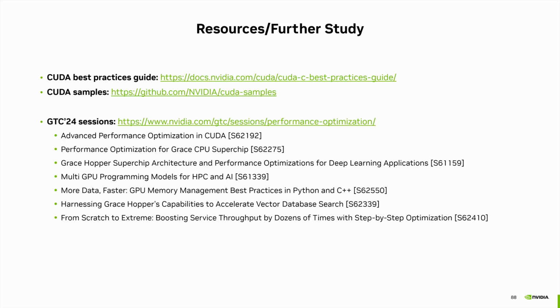Yes? I have a question. When you are writing an application for general purpose GPU programming, you sometimes don't know which hardware you're going to be running on and which architecture is going to be running your application.